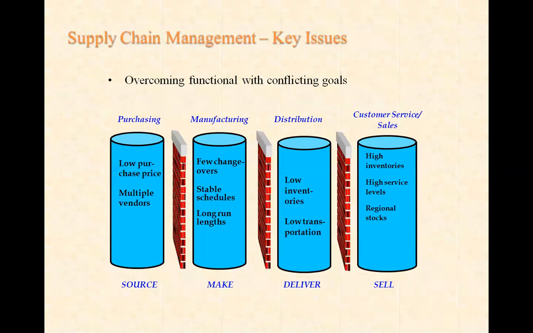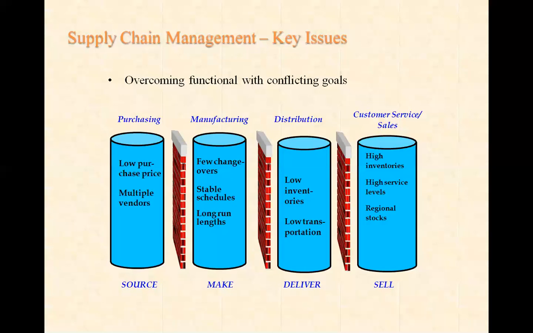Supply chain management key issue: overcoming functional hazard with conflicting goals. First part is purchasing: source, low purchase price, multiple vendors. Manufacturing: few changeovers, stable schedule, long run length.